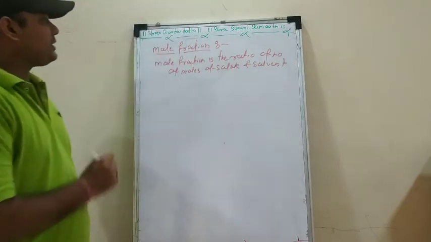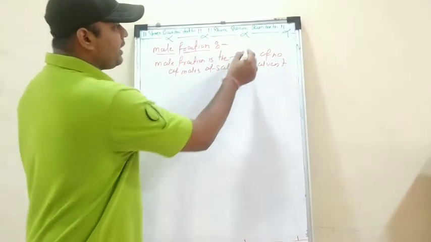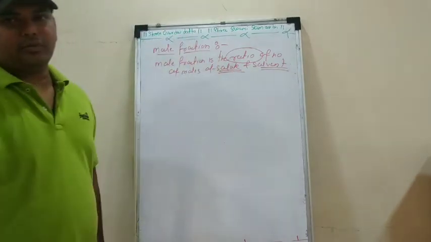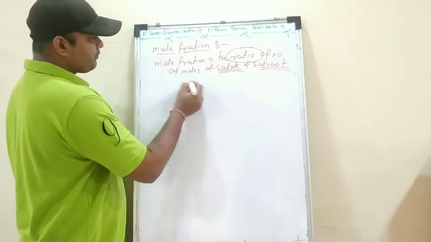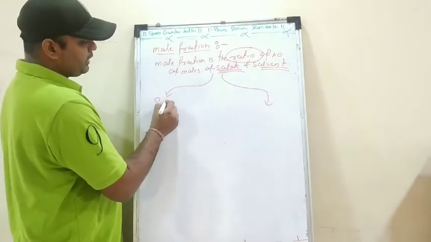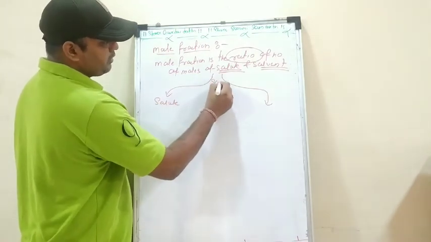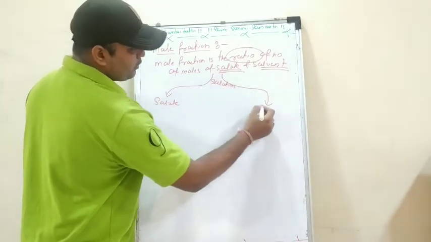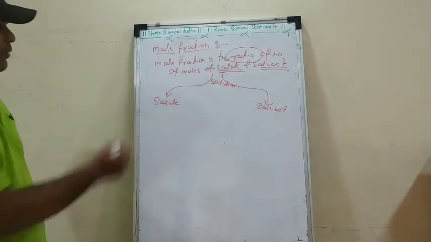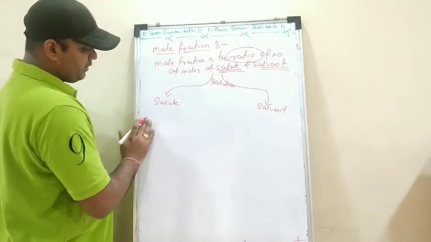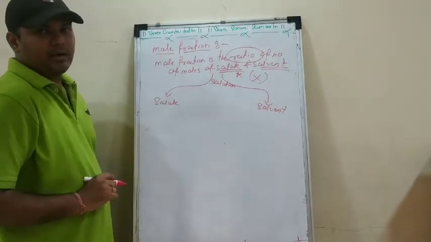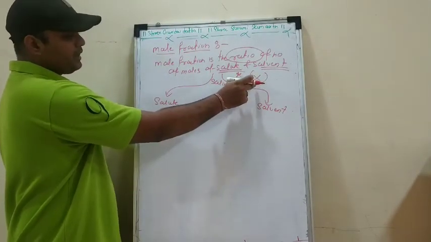Now let's say we have a solution containing a solute and solvent. The mole fraction is represented by the capital X. Remember, mole fraction will be represented by the capital X.